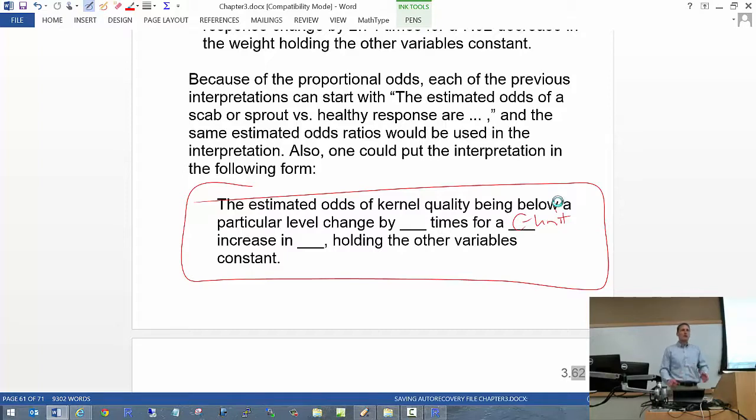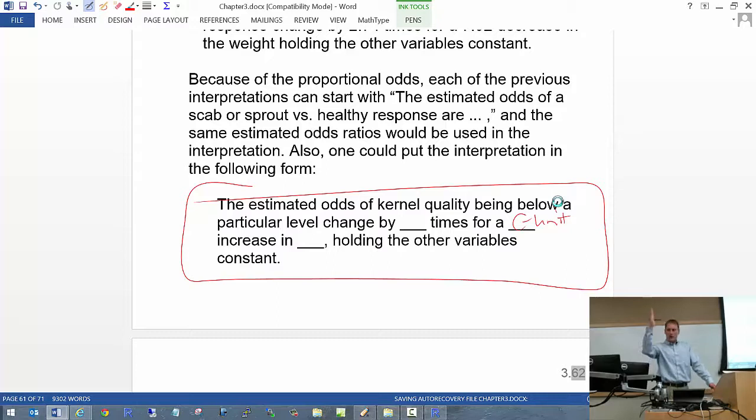So, in the interpretation, we're not only comparing to the adjacent category, but to all the other categories. Well, remember, we are modeling cumulative probabilities here. So that's why there's more than two categories that are listed in the odds ratio. But still, you're drawing the line somewhere.